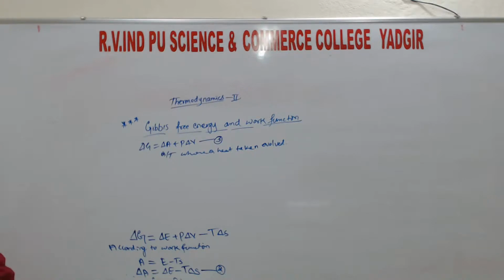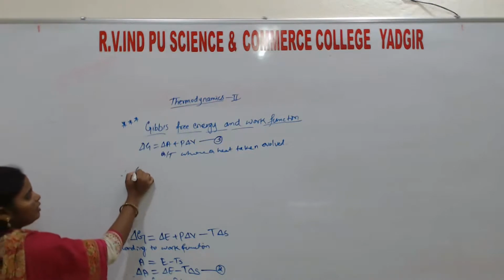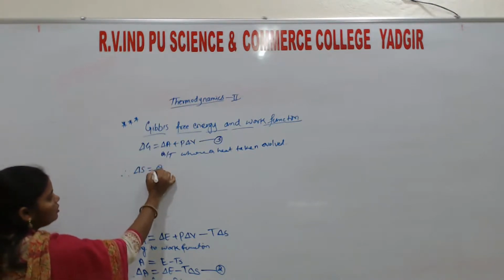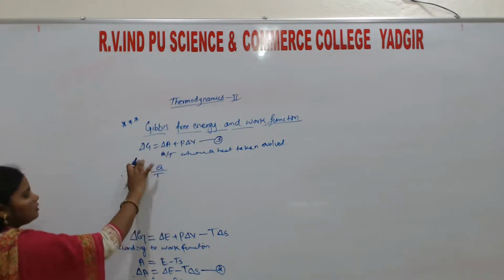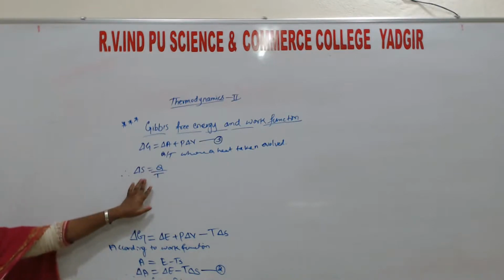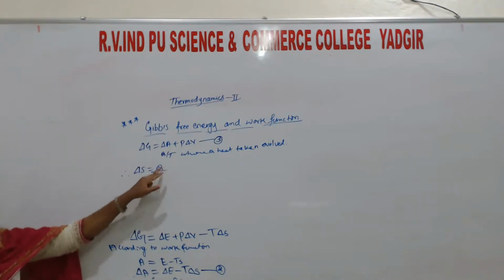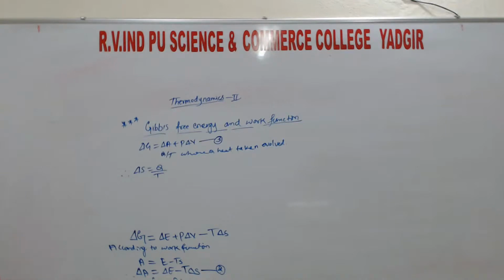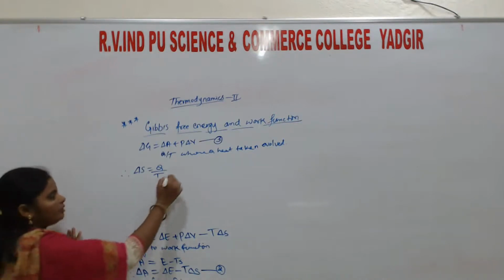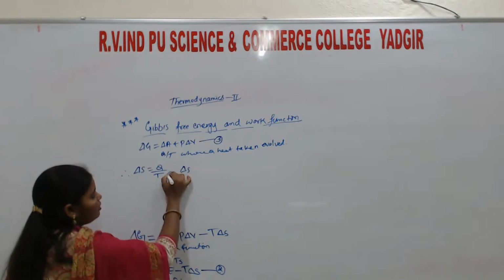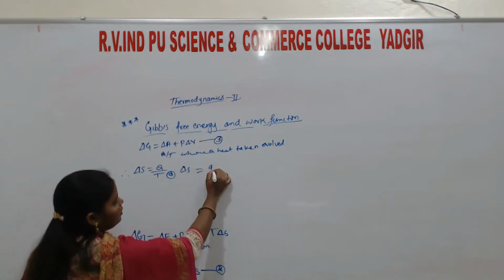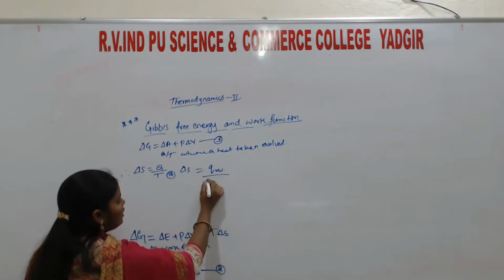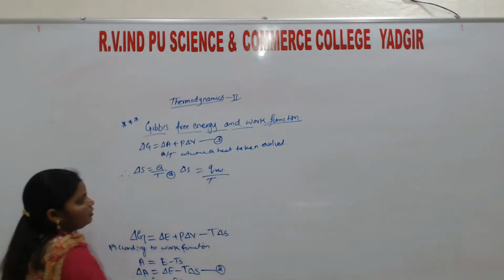Therefore, delta S is equal to Q by T. This is the change in entropy. Or you write it as Q reversible divided by temperature.